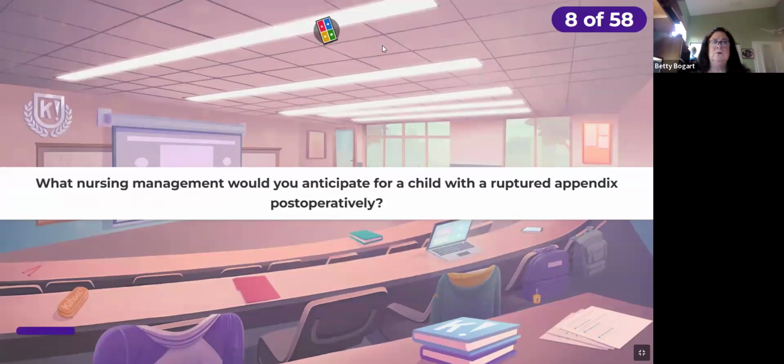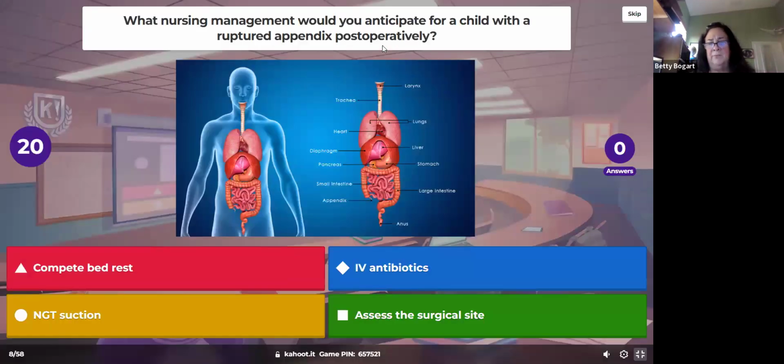A multi. What nursing management would you anticipate for a child with a ruptured appendix post-operatively? Remember I told you about ruptured appendix, peritonitis. What does that belly feel like? What do you need to do?